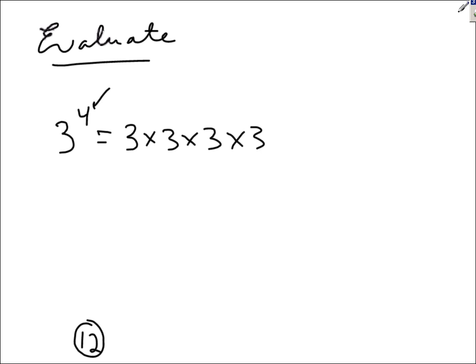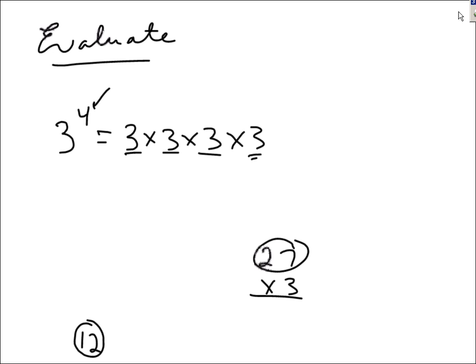Let's assume that's true. 3 times 3, we should know, that's 9. 9 times 3 is 27. When I multiply 27 by 3, we probably won't know that one, because this number is more than 12.